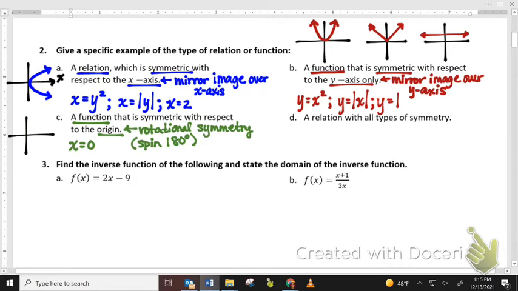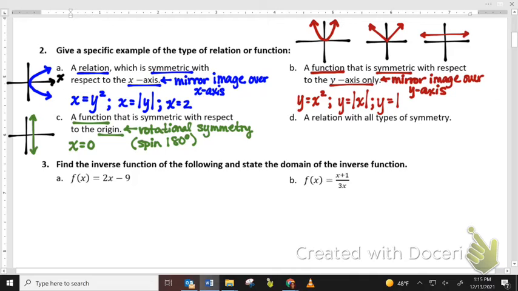Could I do x equals 1? Let me draw it on here. If I take this and I spin it 180 degrees, will it line up exactly? Take this right here.